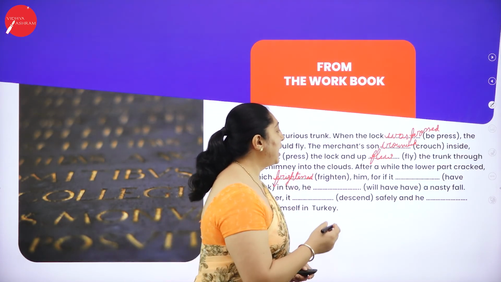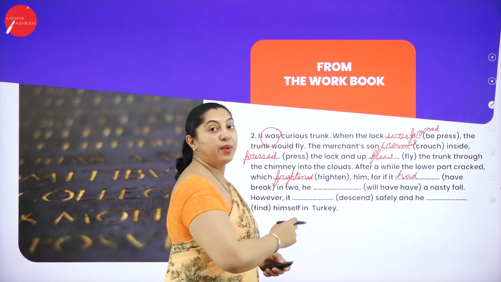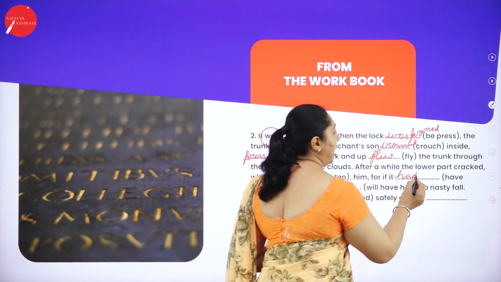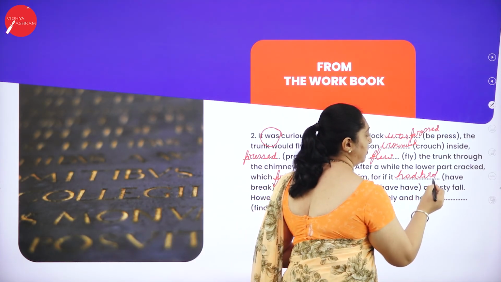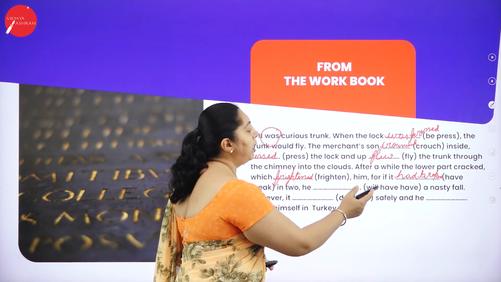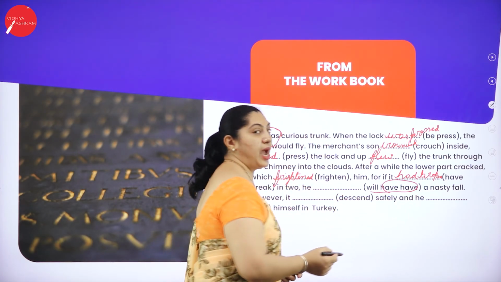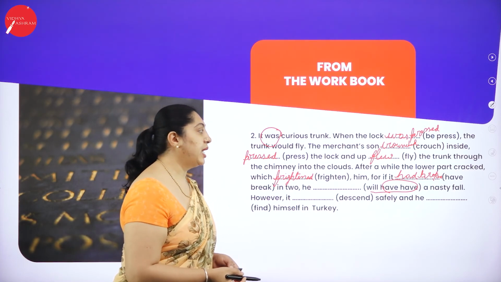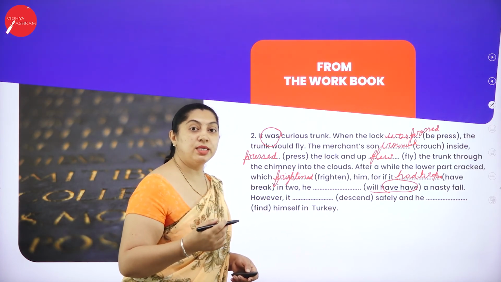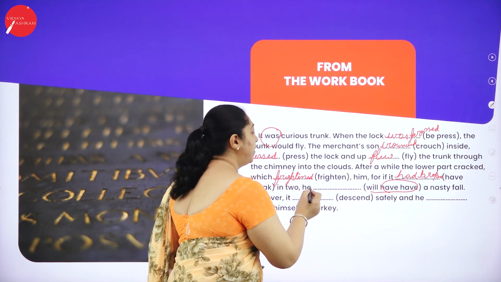Frightened him, for if it had break. Break becomes broken. It's not breaking. It should be had broken. Had broken into two halves, he will have. Here it is quite interesting. In this, there are three words and two words are the same, that is have. Will becomes would.